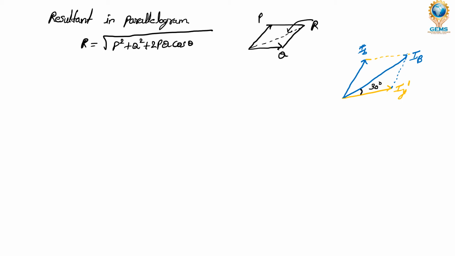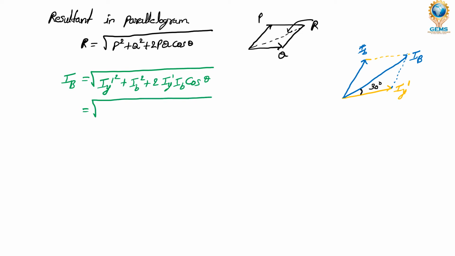If you apply this here, we will have R is IB. IB equals square root of IY dash square plus IB square plus 2 IY dash IB cos theta. Now what is this IY dash? All these are phase values.